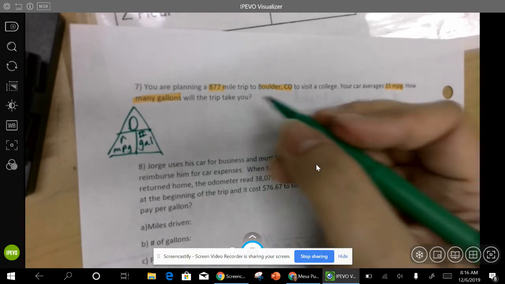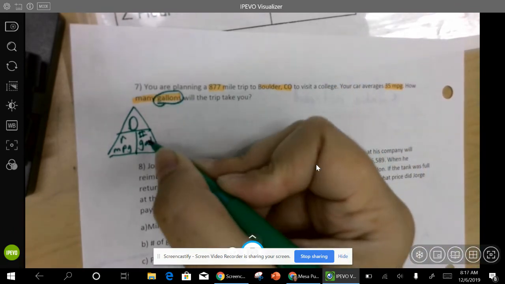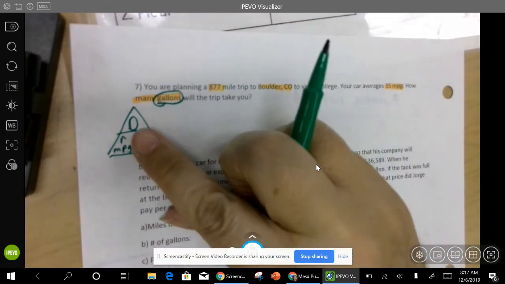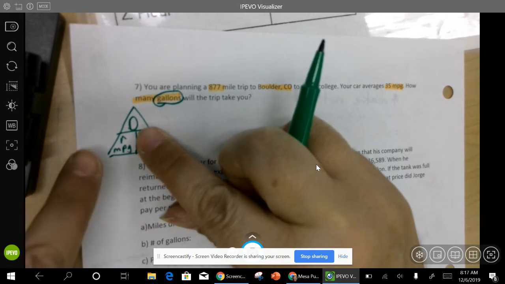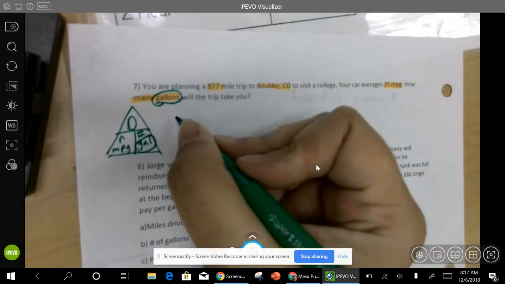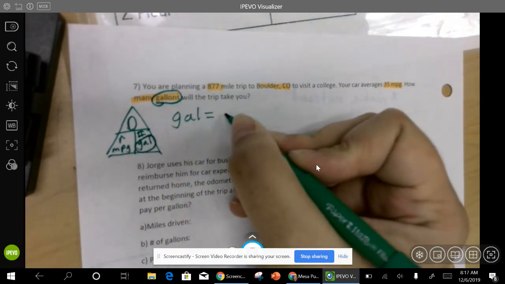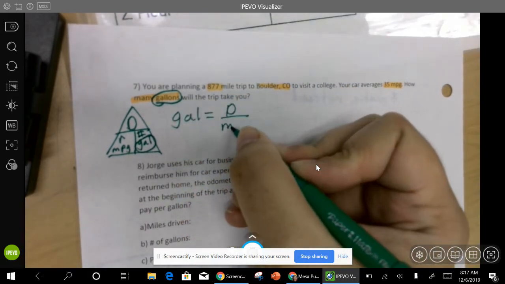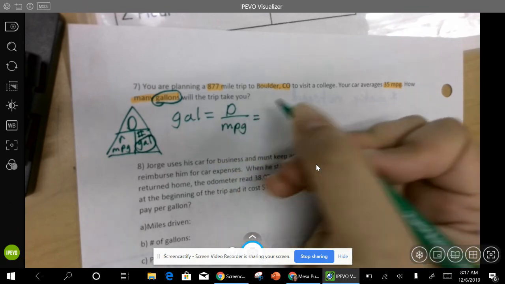It says how many gallons, so we're solving for G. Gallons is going to be equal to the distance divided by the rate, which is miles per gallon.